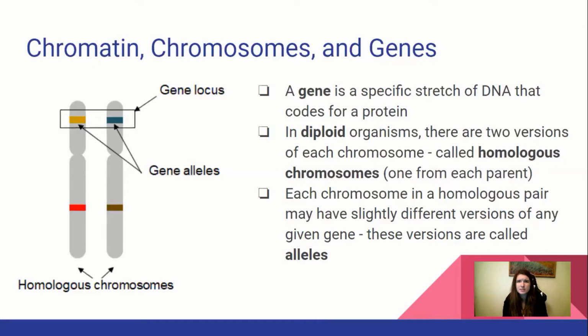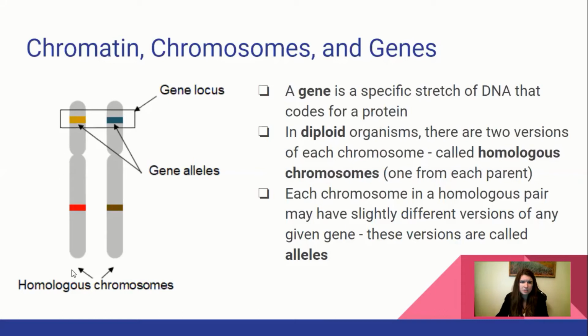So protein can be something like a pigment that gives you hair color, or it can be something like an enzyme that controls a specific process within a cell. But a little piece of DNA is going to code for that specific protein that results in some sort of visible, measurable trait. And that's what our gene is. The gene is that stretch of DNA.